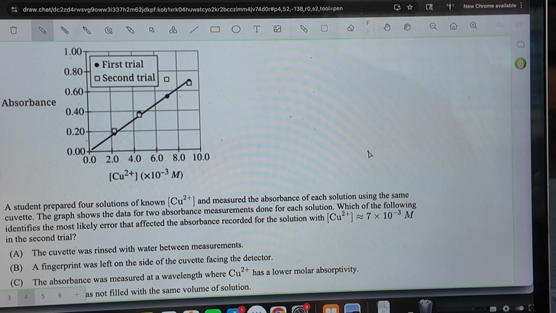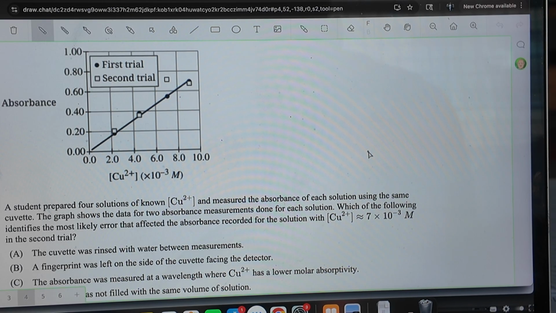What is the graph telling you? Most of the points here look like a straight line, which matches Beer's law, that as the concentration increases, absorbance should also increase proportionately. But in the second trial, you notice that something goes wrong with those white boxes.